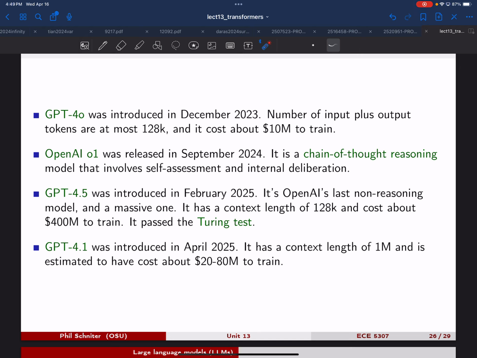supposedly. And then there's another one in September 2024, last fall, that is called OpenAI o1. This is a different kind of model that uses something called chain of thought reasoning, where when you ask it a question, it does not give you an immediate answer. It tries to break that question up into different stages.